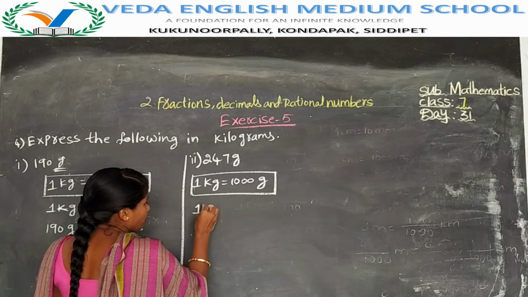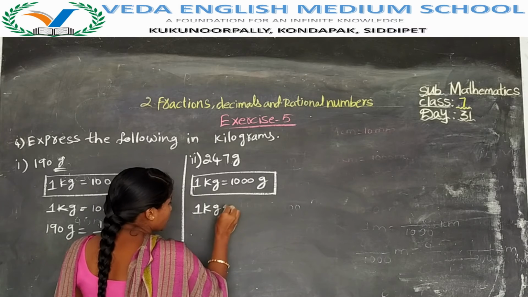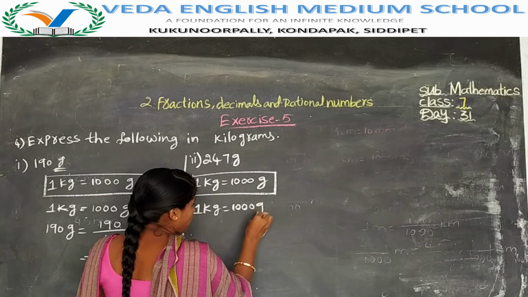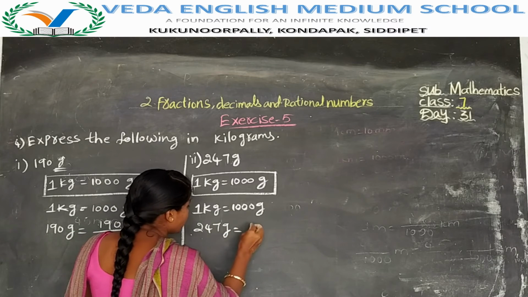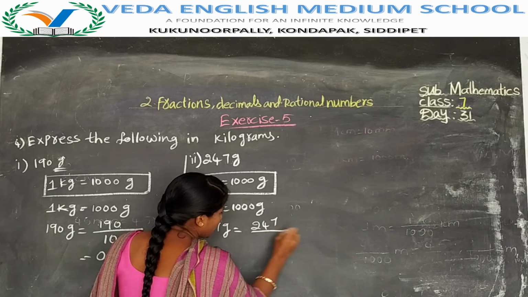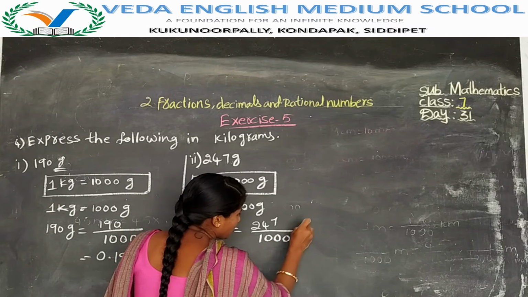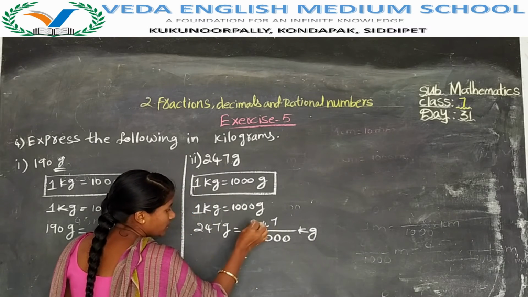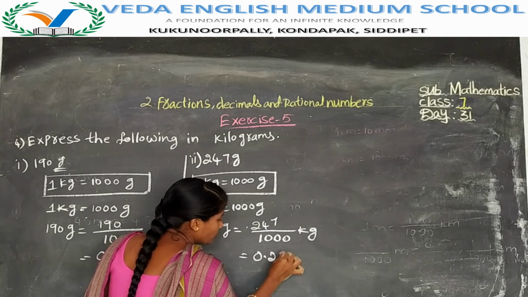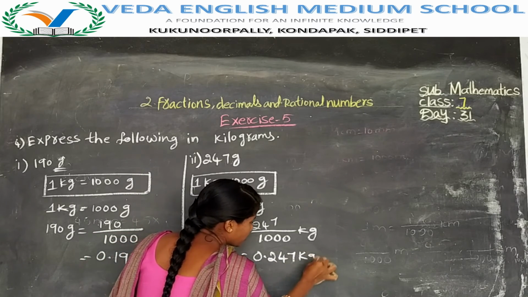So 247 grams is equal to 247 by 1000 kilograms. After 3 digits we get the point, so 0.247 kilograms.